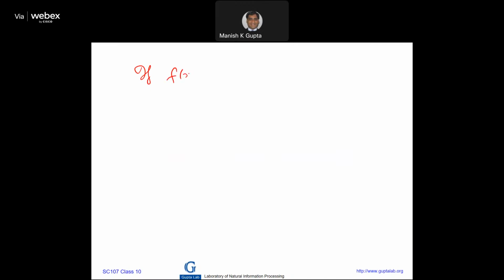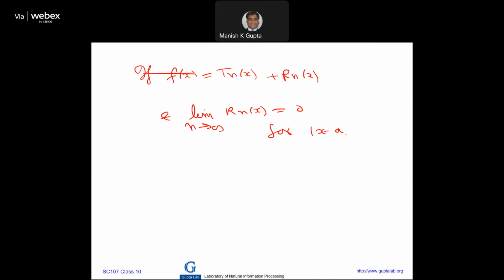If f of x is nothing but the Taylor polynomial plus the remainder after n terms, and if you are able to show that the limit as n tends towards infinity of Rn of x goes towards 0 for mod of x minus a less than capital R, R is known as the radius of convergence.